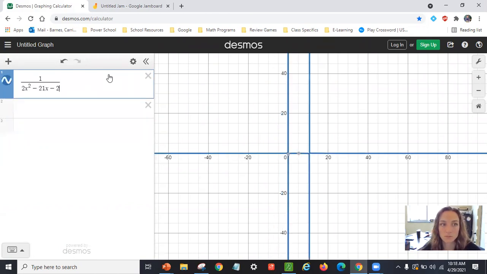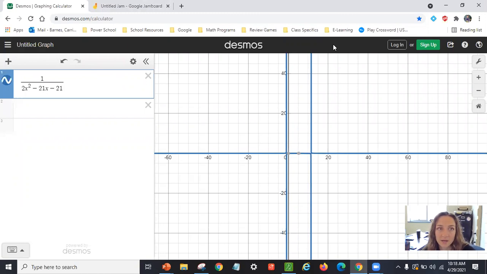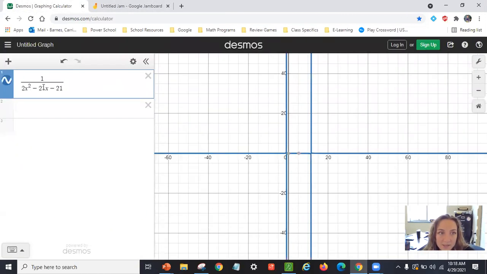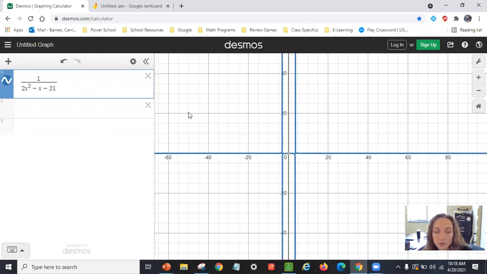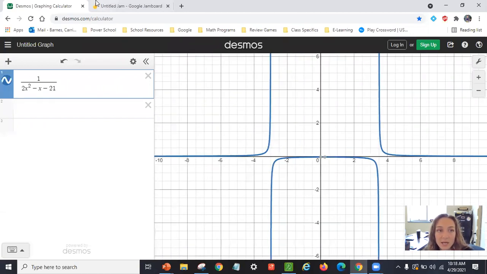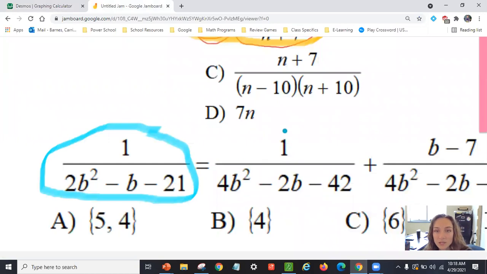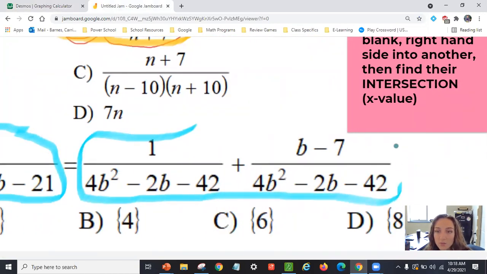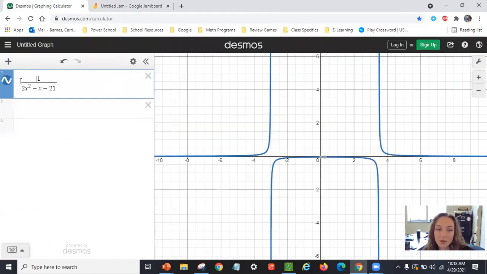Let's see if I put this in correctly. There we go. So here's our equation. Then we're going to type the second one into the second blank. You may need to type in y equals, especially if it's just a number. So it's not a bad habit to go ahead and start typing y equals in the front.